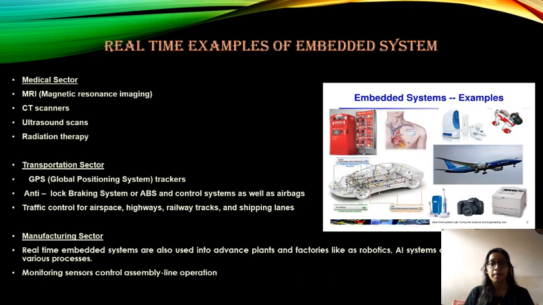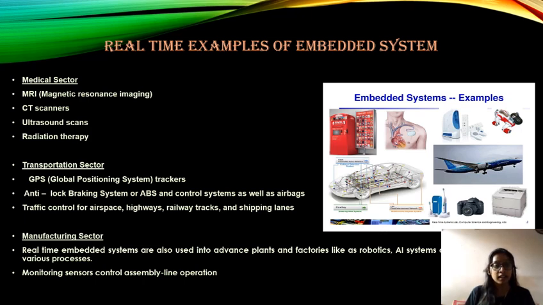Real-time examples of embedded systems. Medical sector: MRI, CT scanners, ultrasound scans, radiation therapy. Transportation sector: GPS, trackers, anti-lock braking system or ABS control systems as well as airbags. Traffic controls for airspace, highways, railway tracks and shipping lanes.